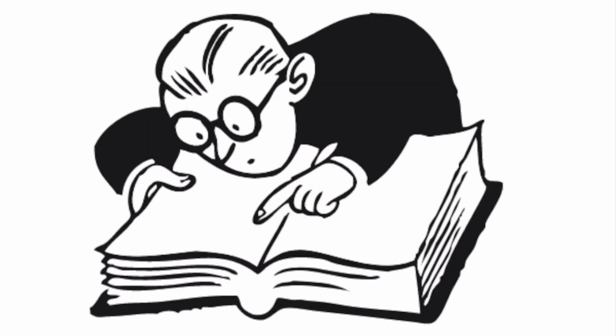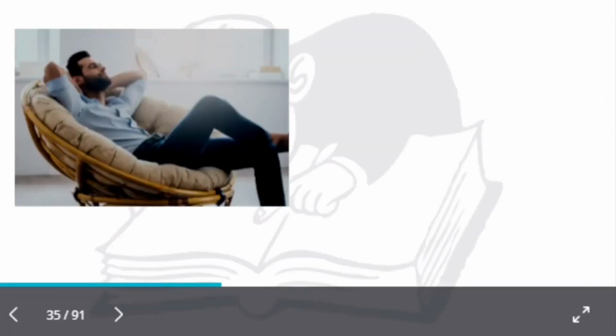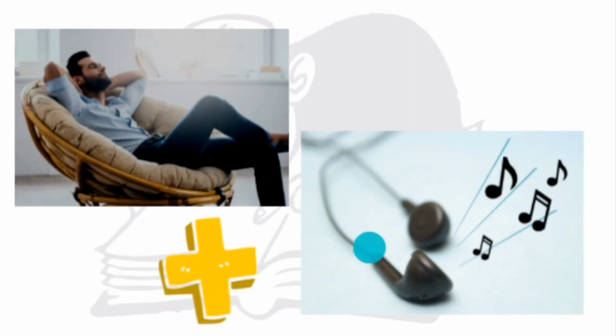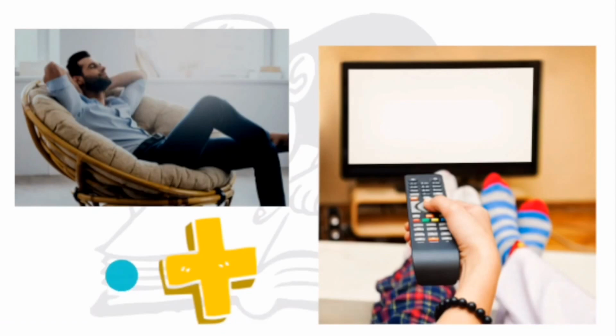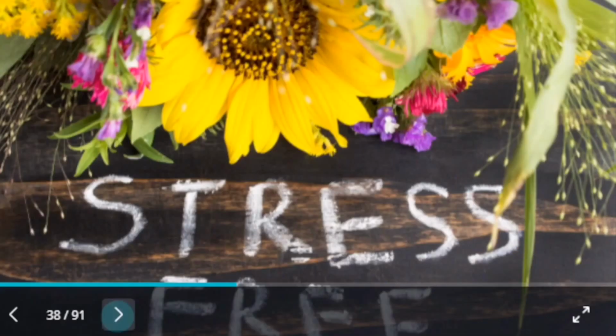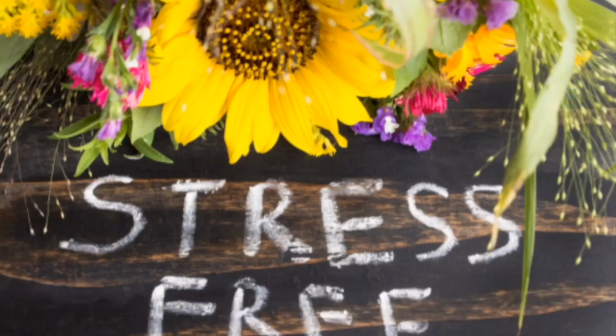Now, these researchers concluded that being alone while listening to a song or the news can bring brilliant ideas to cope with depression, and therefore we may call it stress-free.